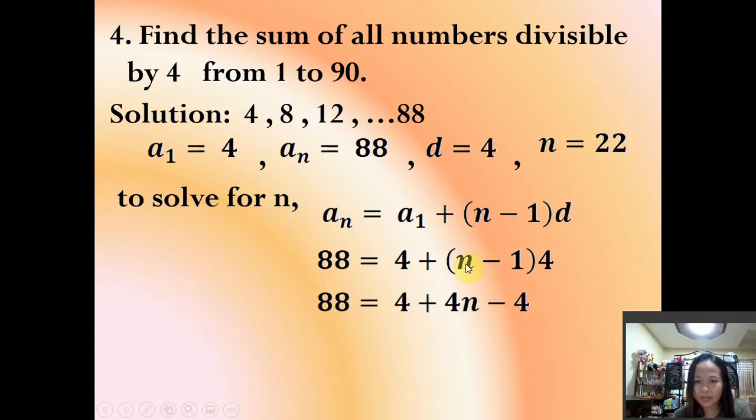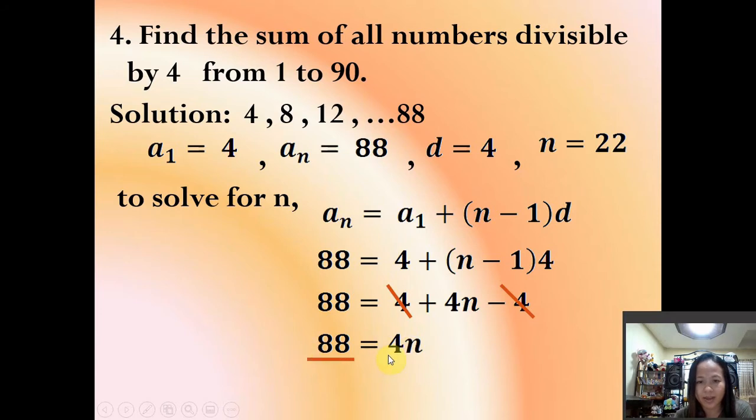So simplifying, we have n times 4, that is 4n. Negative 1 times 4, it's negative 4. So we have 4 minus 4, that's 0. So what will remain here? We have 88 is equal to 4n.